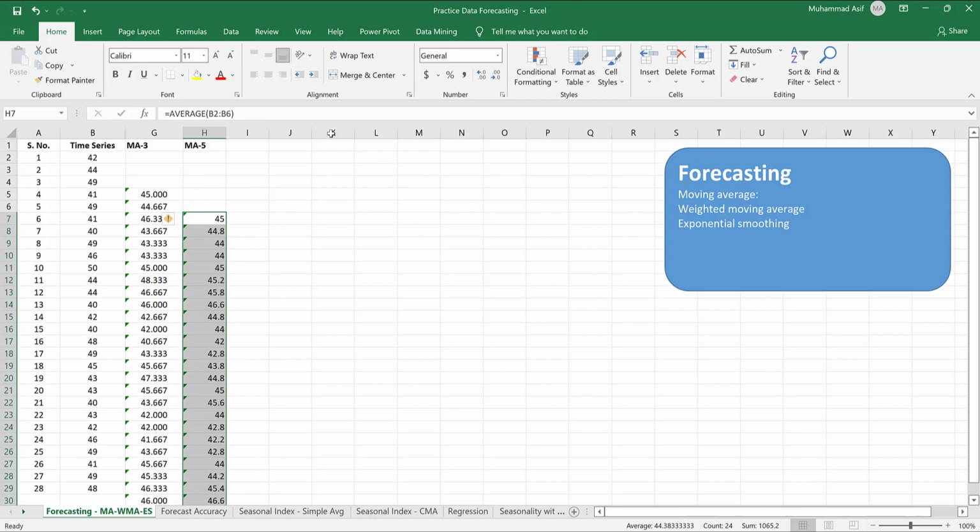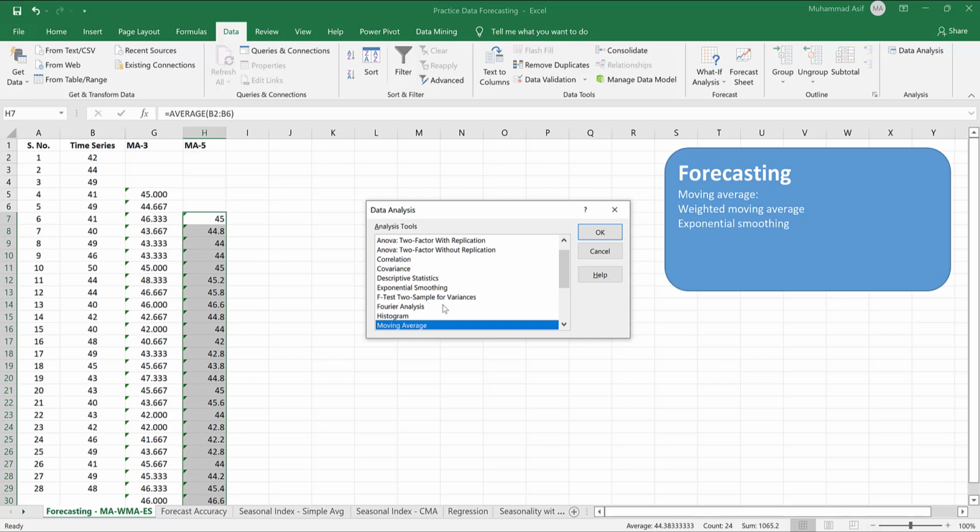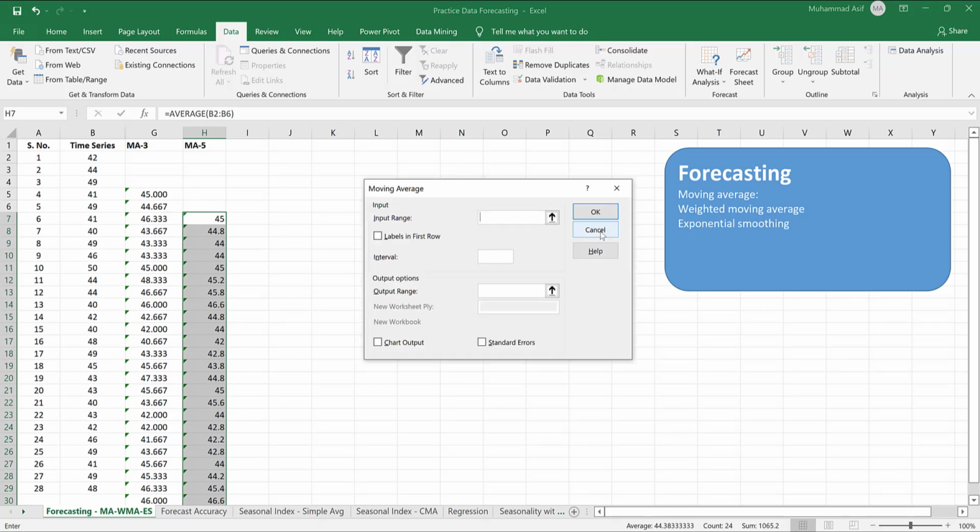And we can also do it in another way, that is just by clicking on data, and then after that data analysis, and in data analysis you see moving average is there at the bottom, and then click OK, and then here is input range, and then interval. Let's say if I choose 3-period moving average and I want my output range to be here.